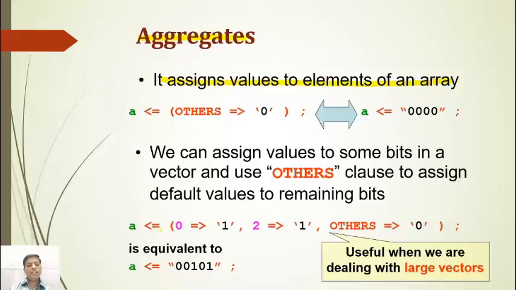A <= (0 => 1, 2 => 1, others => 0). It is equivalent to A <= 1, 0, 1, 0, 0. It is useful when we are dealing with large vectors.